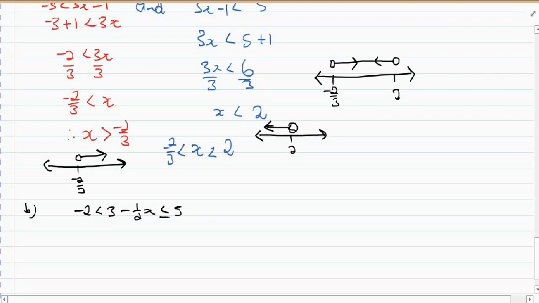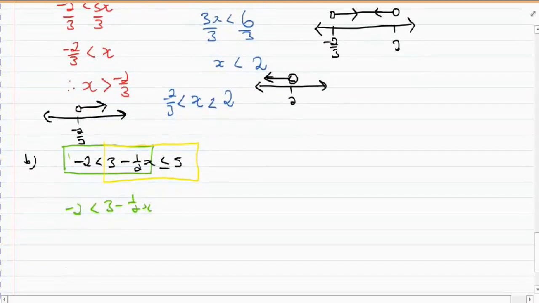Again, solving this, we separate the two, where we have everything on the left-hand side, as well as everything on the right side. So we have -2 less than 3 minus 1 over 2x.